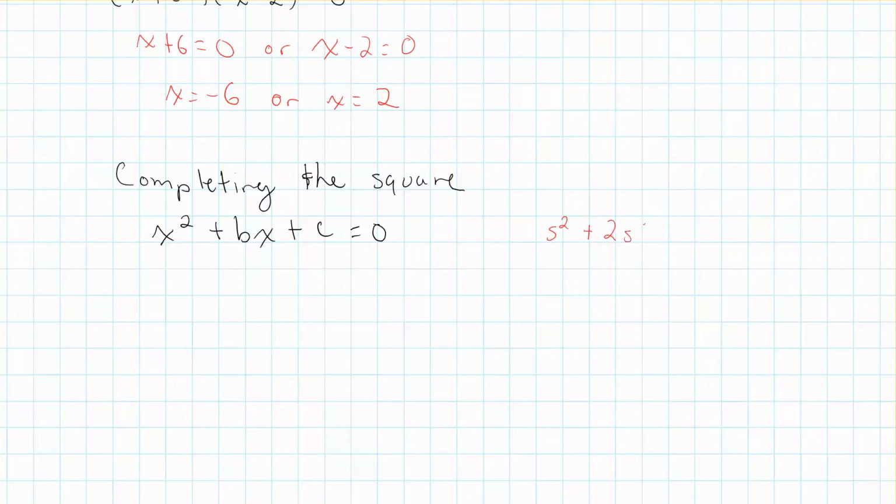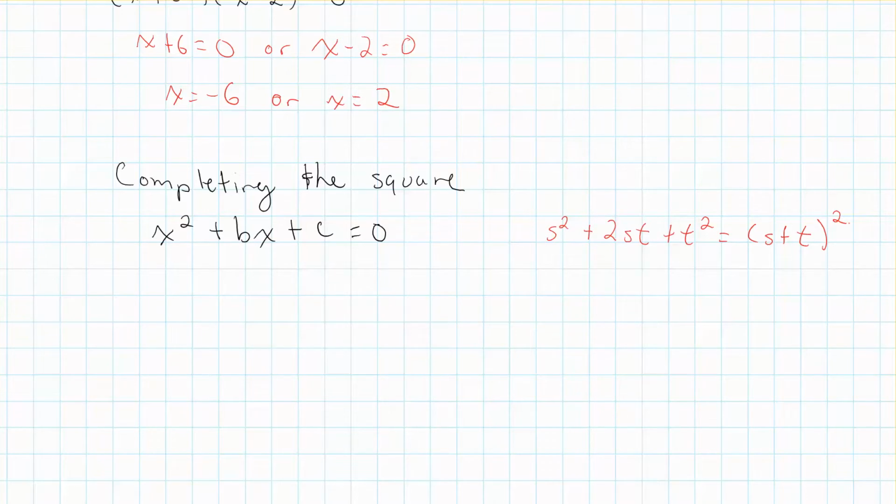If we have s squared plus 2st plus t squared, this factors to the quantity s plus t squared. In other words, it's a perfect square trinomial.